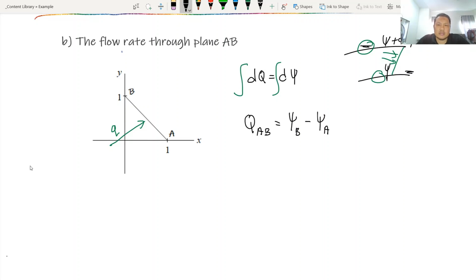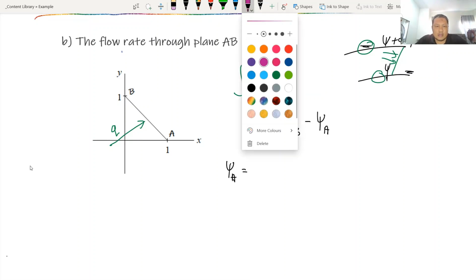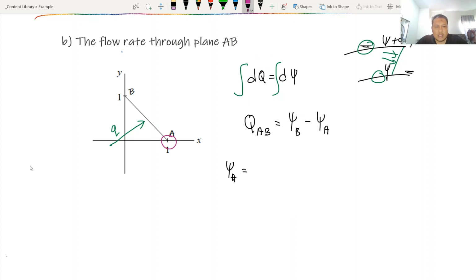So what are psi A and psi B? At point A, we have x equal to 1 and y equal to 0. And at point B, x equal to 0 and y equal to 1.